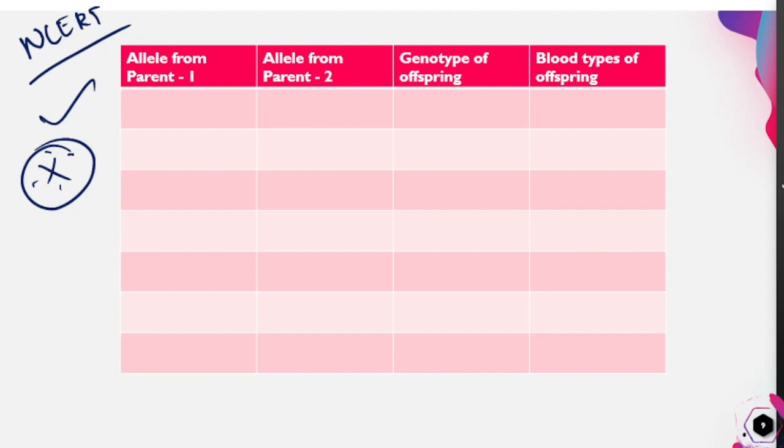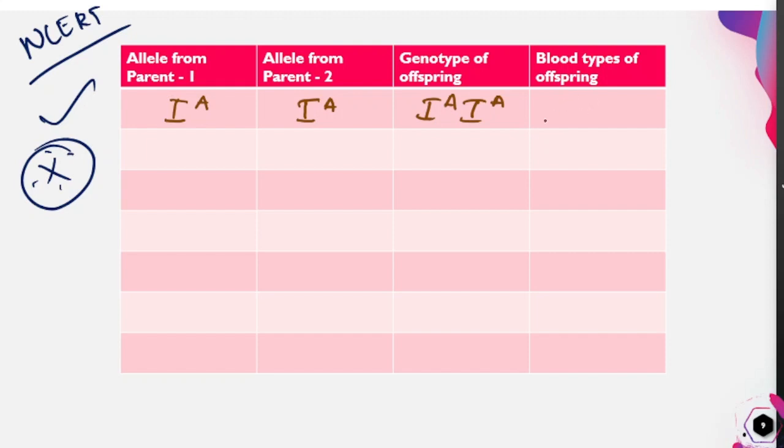So allele from parent 1 is going to be I^A. Allele from parent 2 is also going to be I^A. Both parents give I^A. Then the genotype of the offspring will be I^A I^A. What type of blood will it have?